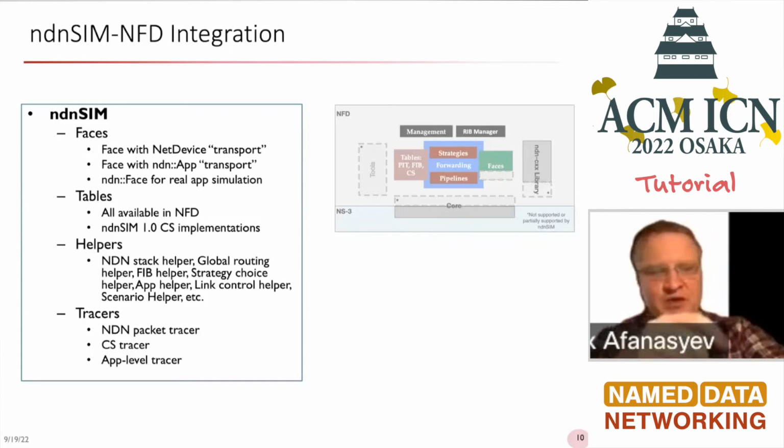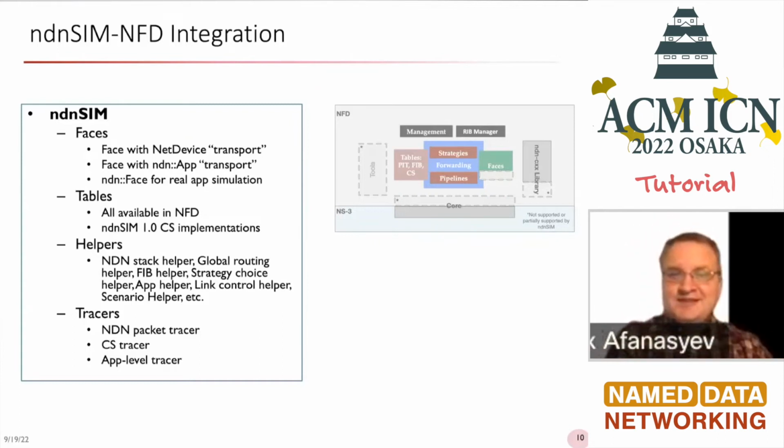So how to do the simulation inside ndnSIM is a bit of a complex topic, because you can do it in multiple ways. It really depends on what type of simulation you want to run, because there are simulations that are entirely focused on the networking component.